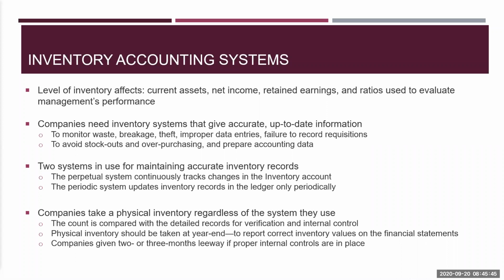So the movement or the management of your inventory is going to affect your income statement as well as your balance sheet. The companies need inventory systems that give them accurate and up-to-date information. They need to make sure that they have proper internal controls in place so that there is no wastage, breakage, theft, spoilage, missing inventory, or stock outs, where they are running out of some inventory types, or excessive inventory of certain types.